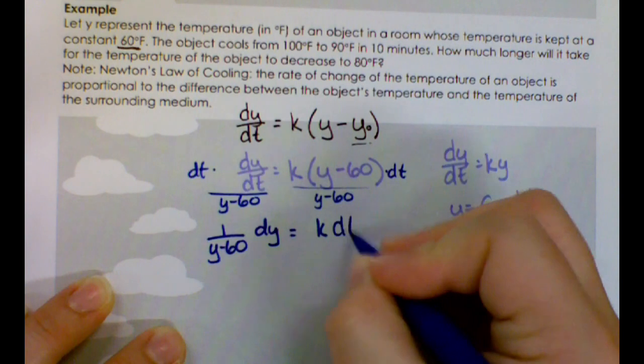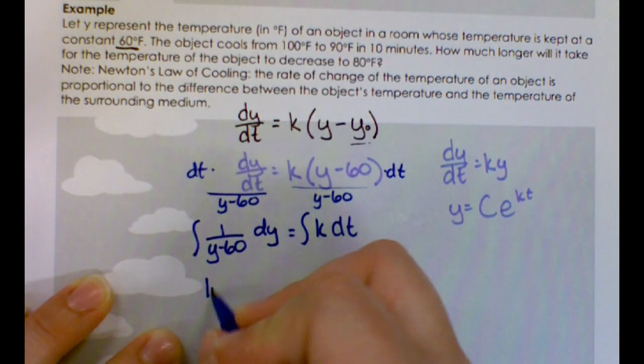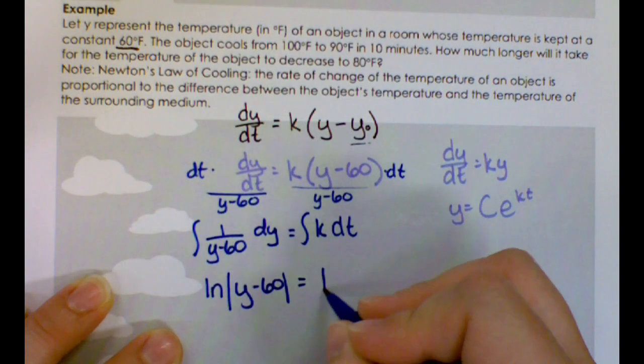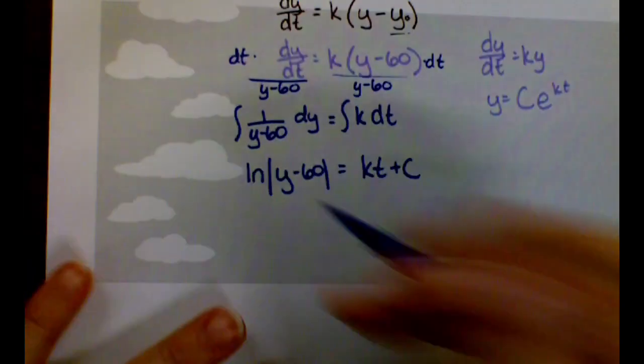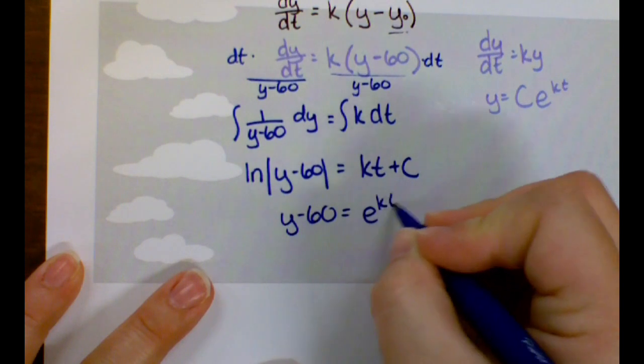equals k dt, antiderivative. 1 over something is always the natural log of the absolute value of that, equals kt plus c. And then we raise it up to an exponent. So y minus 60 equals e to the kt plus c.